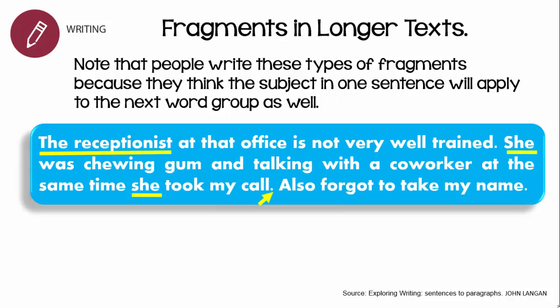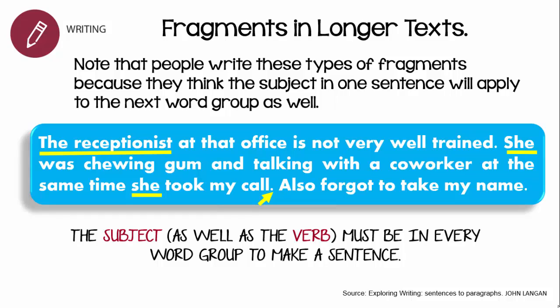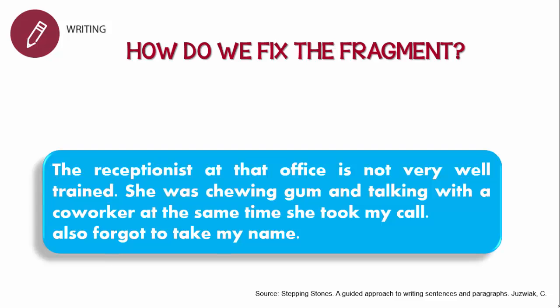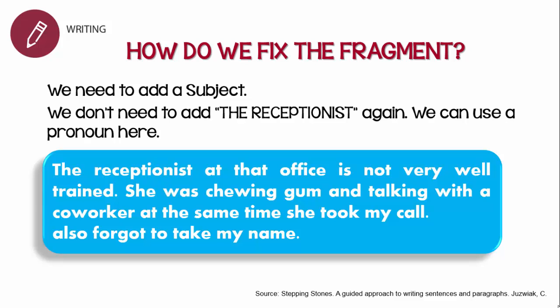There is no noun or pronoun. The subject as well as the verb must be in every word group to make a sentence. How do we fix the fragment? We need to add a subject. We don't need to add the receptionist again. We can use a pronoun here.